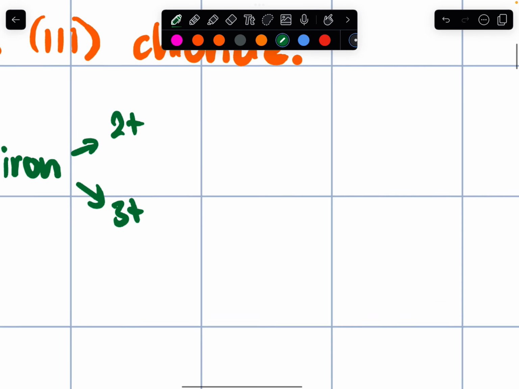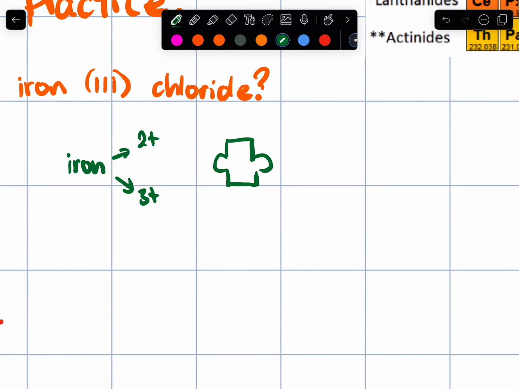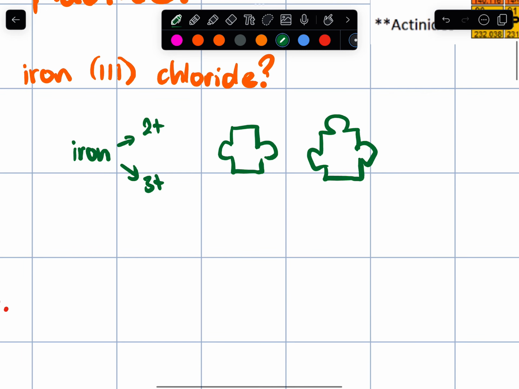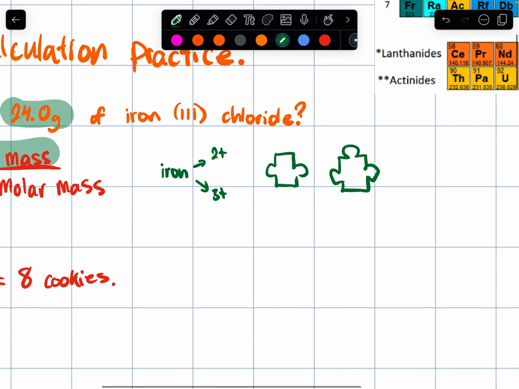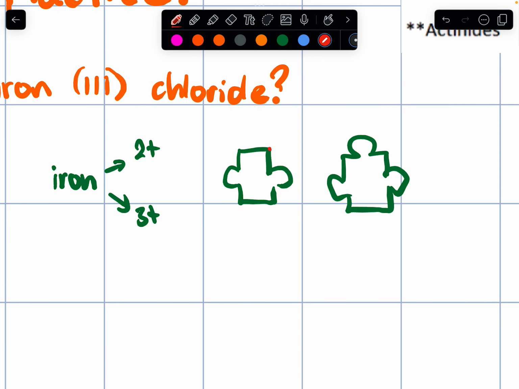Now if you think of those as little puzzle pieces, you can either have a puzzle piece that looks like this, where it's got 2 things sticking out, or you can have a puzzle piece that looks like this, where you have 3 things sticking out. Now the reason why this is important and why they actually specify is because if it has 2 things sticking out, obviously it can only fit 2 things that go in.